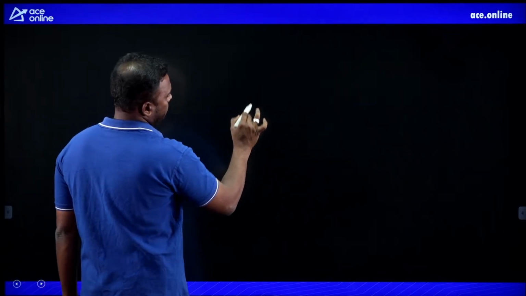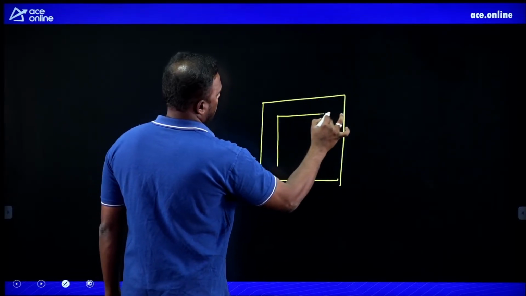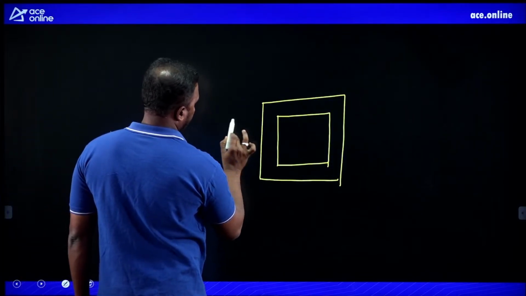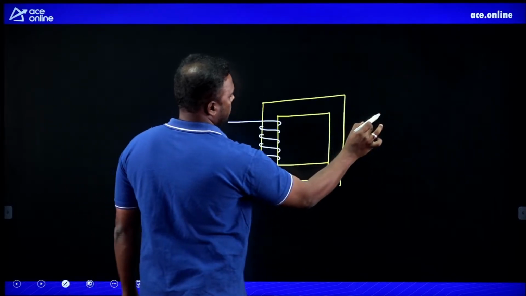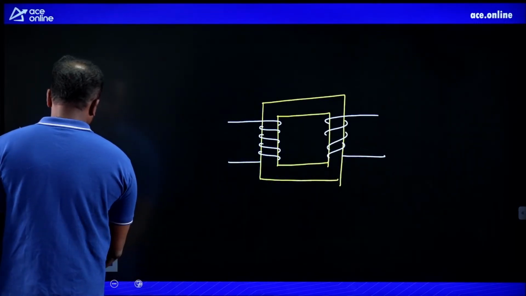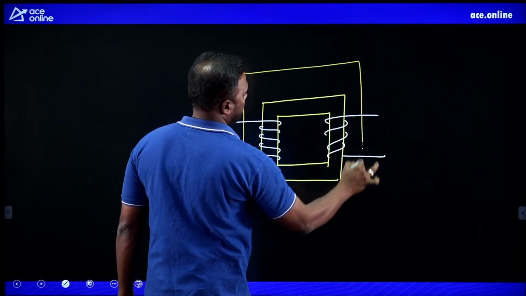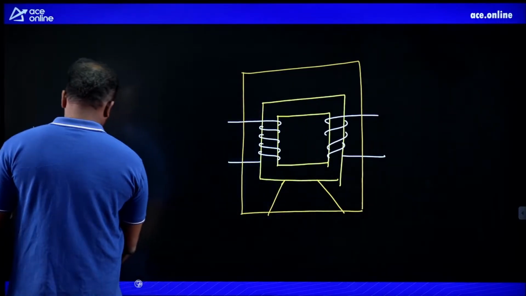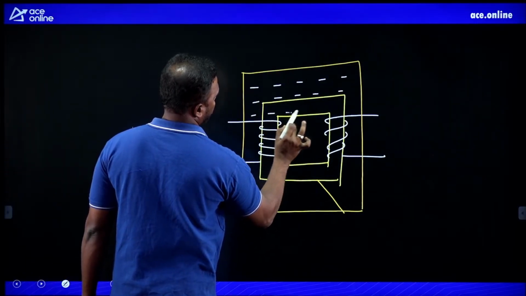If you see, this is the transformer core and transformer winding, completely placed in a transformer tank, and this tank is filled completely with transformer oil like this.